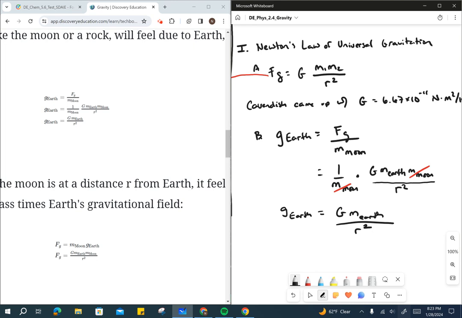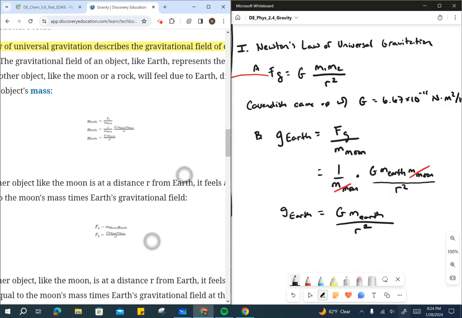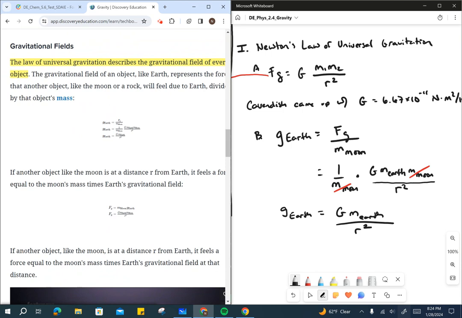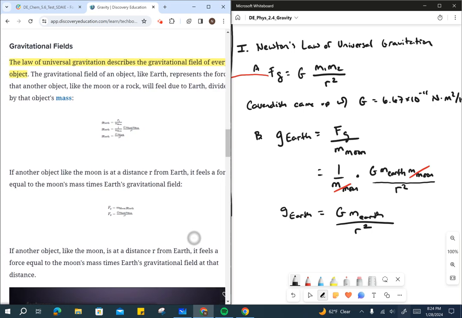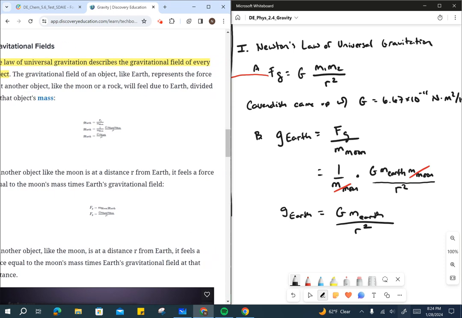And you could do the same thing for the moon as well. And then they take it another step forward and say, if you had an object like the moon at a distance r from Earth, it feels a force equal to the moon's mass times Earth's gravitational field. So they show you how to work it back and forth.